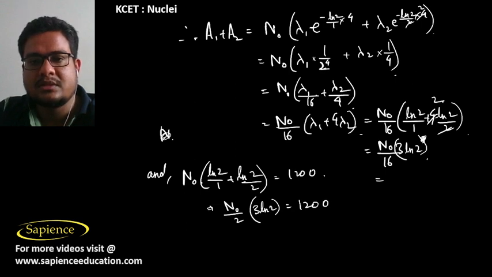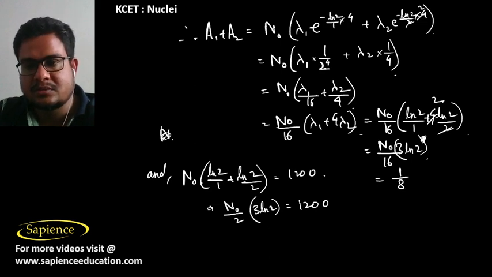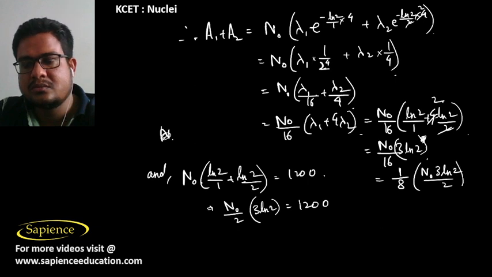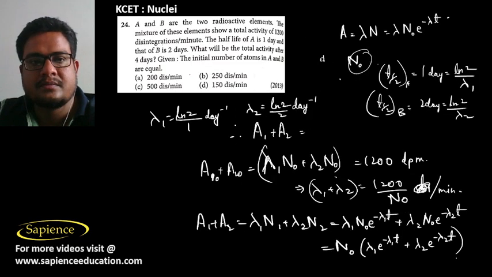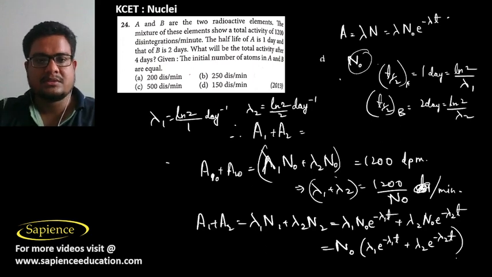Therefore this I can write as 1 by 8 n naught into 3 ln 2 by 2, which is 1 by 8 into 1200. This will be 150 disintegrations per minute. So option D is the answer.